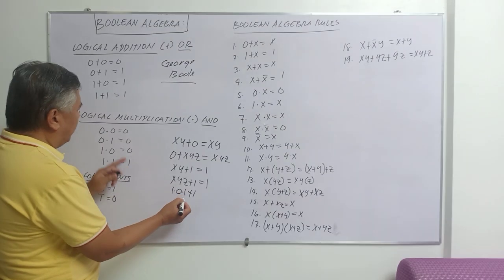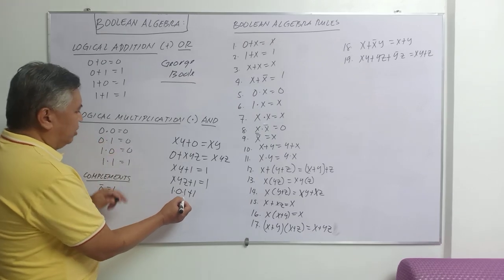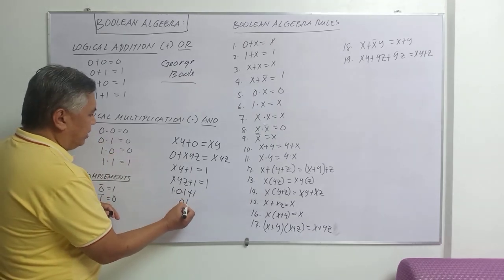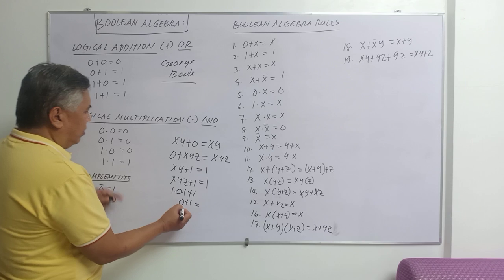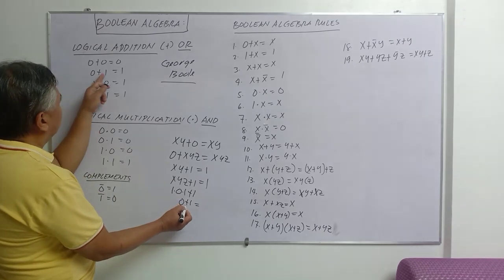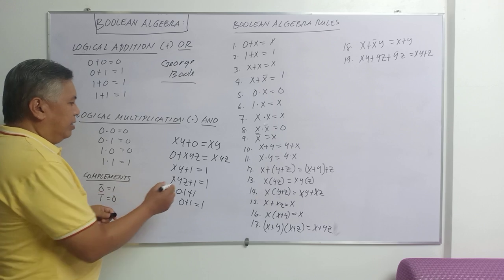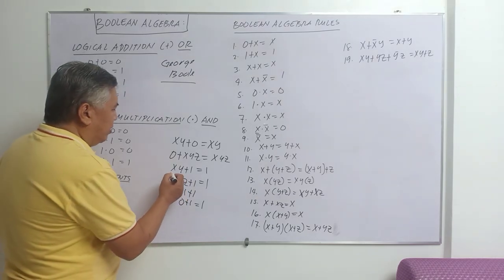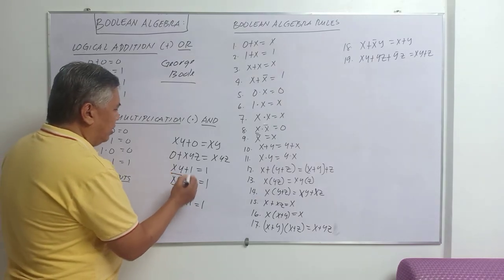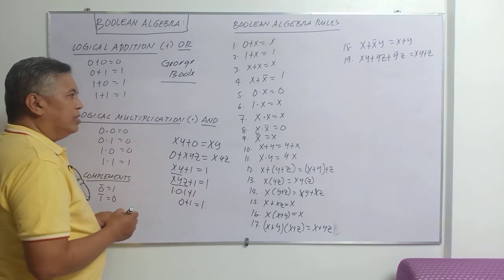And 0 times 1 is equal to 0, plus 1. So 0 OR 1 is equal to 1. So again, this means that any variable or variables added to 1, the answer is 1.